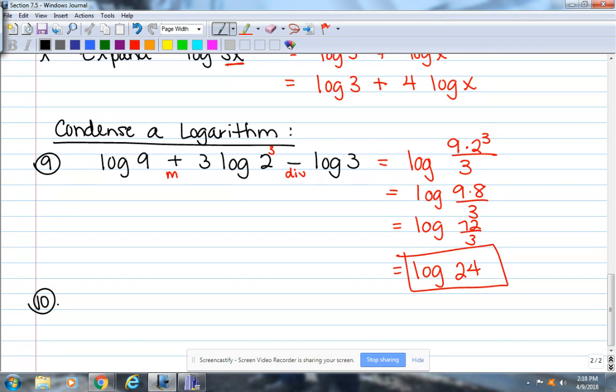Personal problem. All right. We haven't done a natural log today, so let's do those. LNs are just base e logarithms. 3 ln 3 minus ln 12.